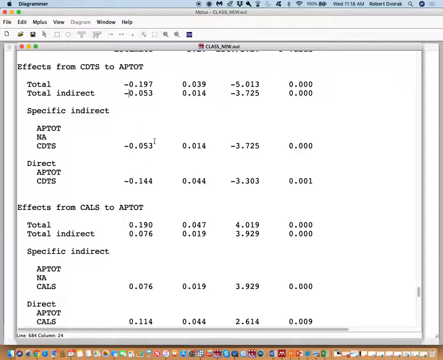Also, you can have a specific indirect that is negative and a specific direct, or just a direct, that is positive, and that will wind up being an effect of 0, right? And so sometimes you find no mediation, and that's because there is a direct effect that's positive and an indirect effect that's negative, and those two wind up canceling each other out.